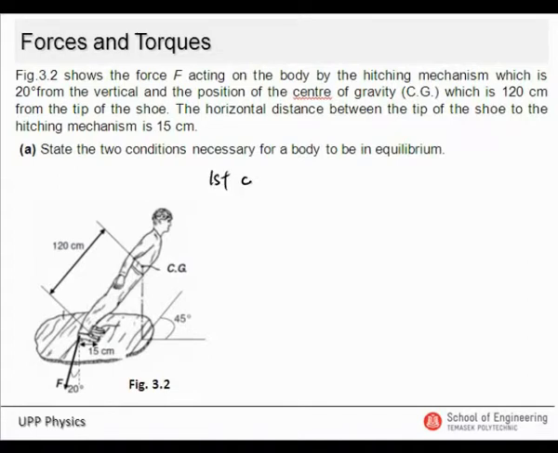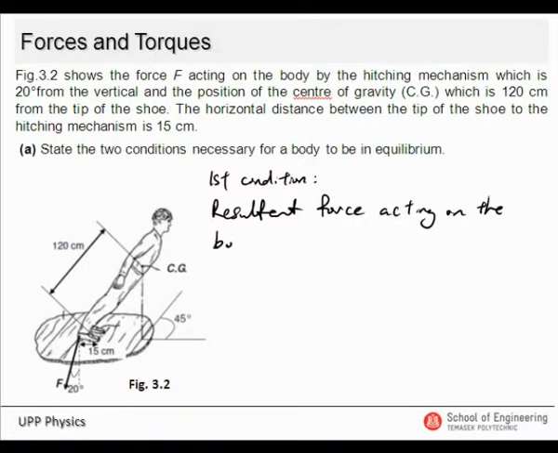First condition, the resultant force acting on the body is 0. This means that there's no net force acting on the body. The total force acting on the body will sum up to be 0. In other words, all the forces are balanced. That is the first condition.